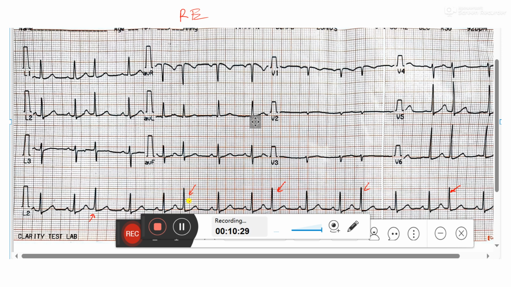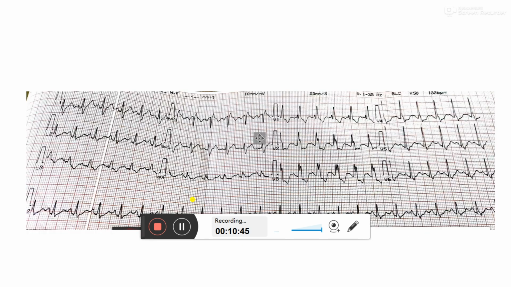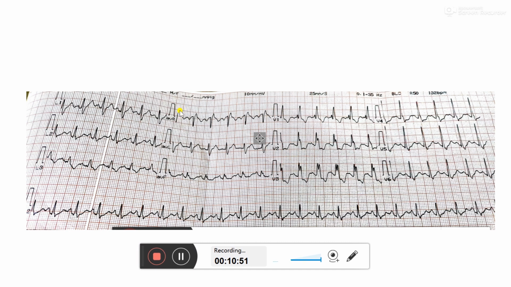It's an ECG of supraventricular ectopic, and this ectopic made it irregular. So it's an ECG of regularly irregular. Here, a regular heartbeat is coming.